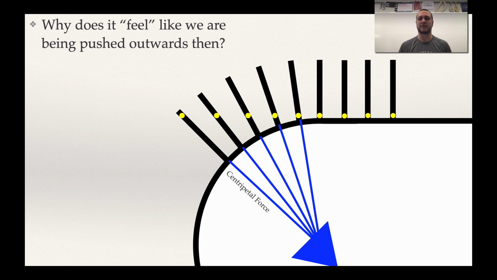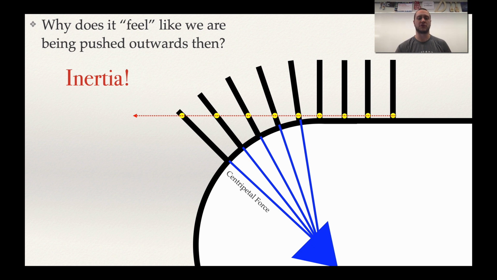So your mass here is represented by those yellow dots, which are going to be going tangent to the circle when you enter that curve. So as the vehicle begins to turn, you're trying to go straight. The force is pulling inward on you, and that is what causes you to feel like you're being tossed outward when in reality, the vehicle turns and you don't. So you're moving in a straight line, the vehicle turns, that's why you feel that pressure outward on the side.